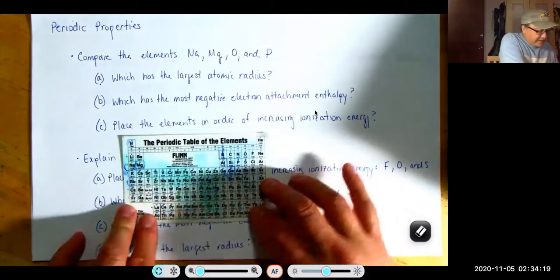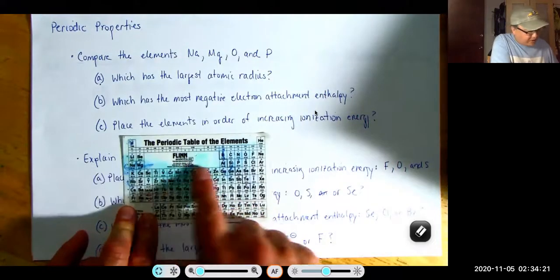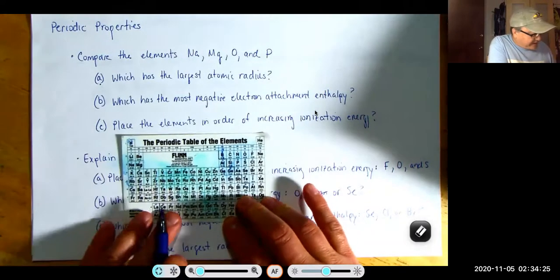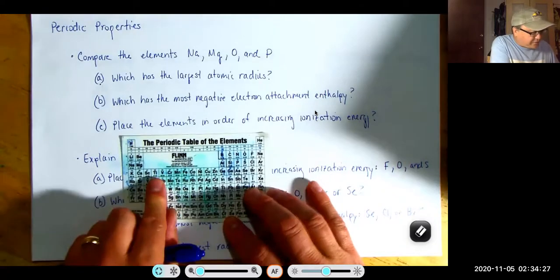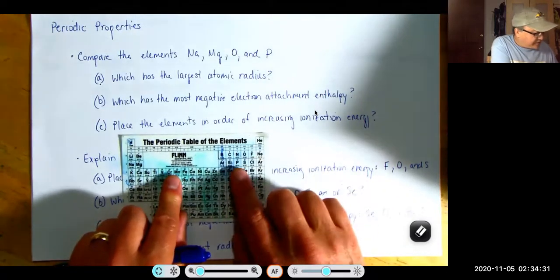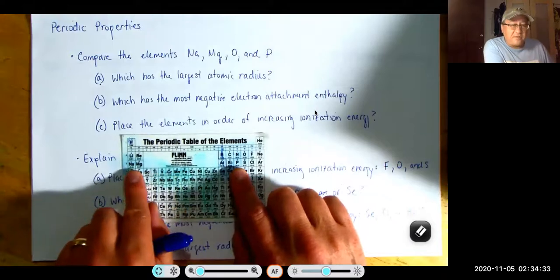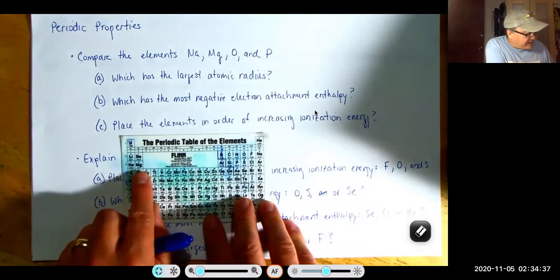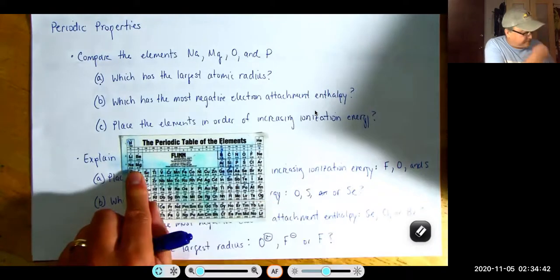And electron affinity generally increases when you go across, so we got to expect that probably it's going to be oxygen first, the biggest, then phosphorus, and then I'm actually going to put sodium before magnesium. I think it's harder to take an electron from magnesium. No, I'm going to reverse that.